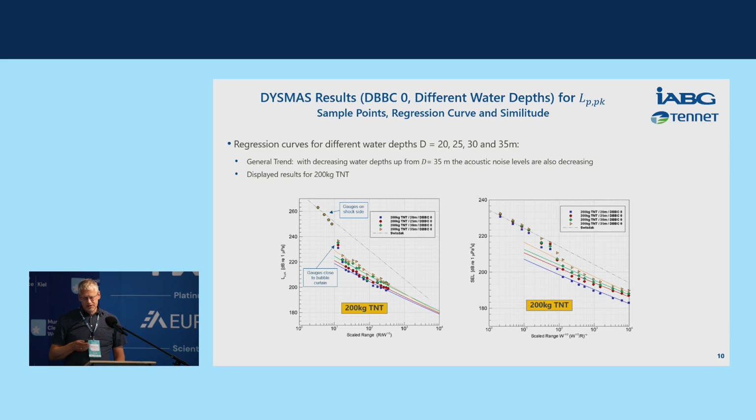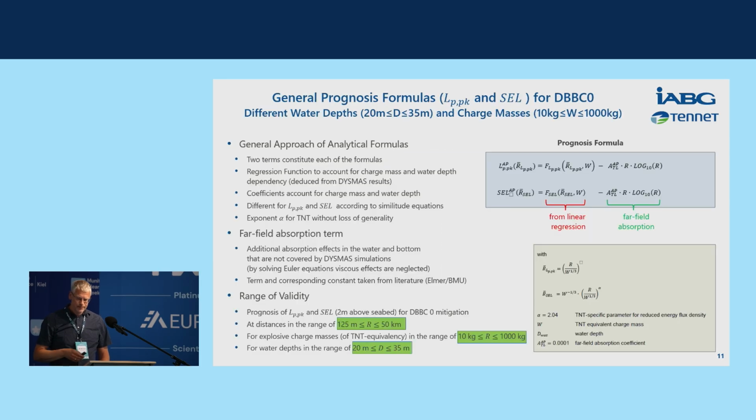But you can see that compared to similitude equations, the bubble curtain mitigates the shock pressure, as well as the sound levels. And you can do linear regressions on these results. And that leads finally to the prognosis formula that we introduced.